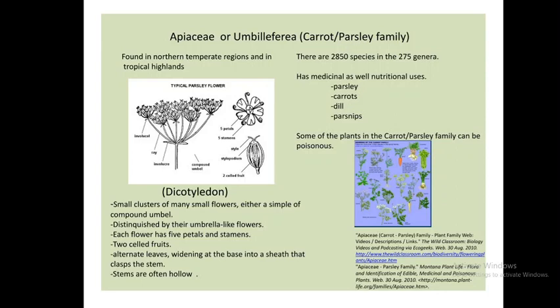Raphe is ventral. Now the fruit. In Umbelliferae, the fruit is a characteristic schizocarpic, one-seeded type, the cremocarp.